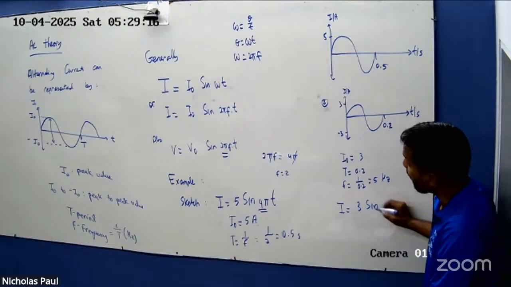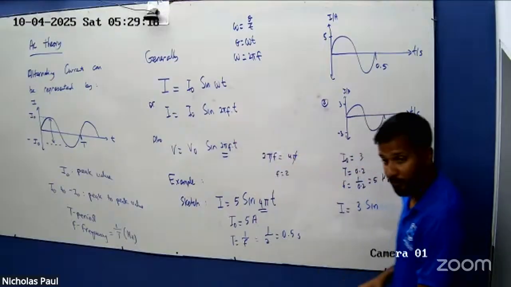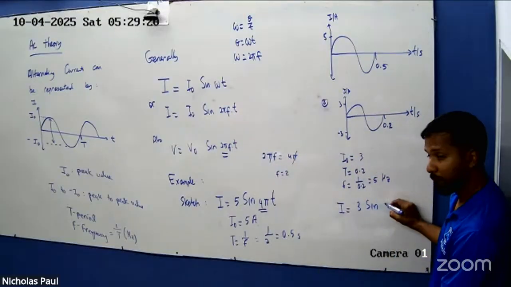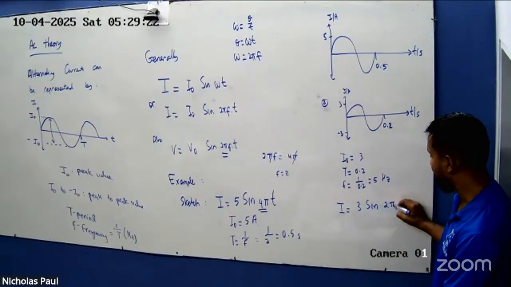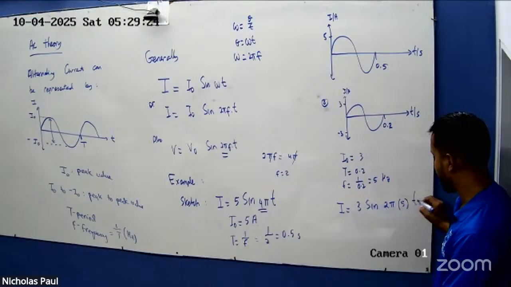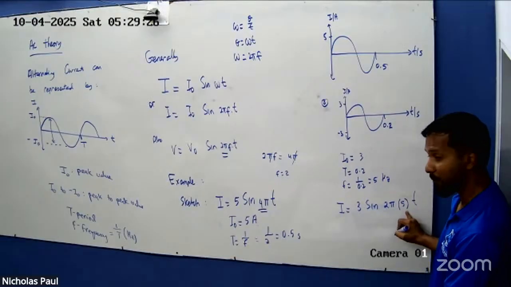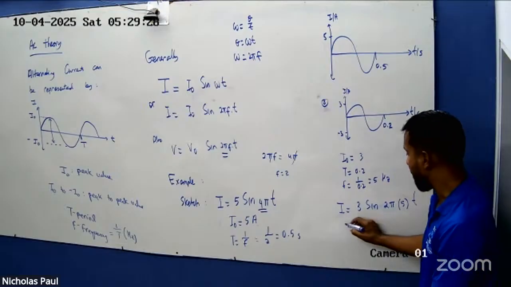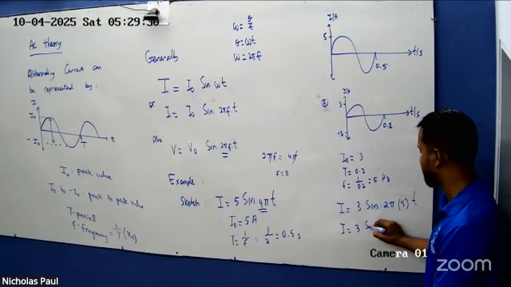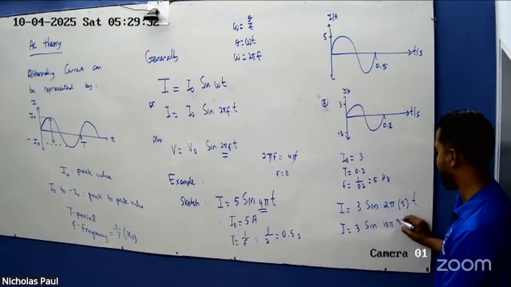Five, you sure? I thought it's 2 pi f. So it's 2 pi f. Okay? So I is equal to 3 sine 10 pi t.